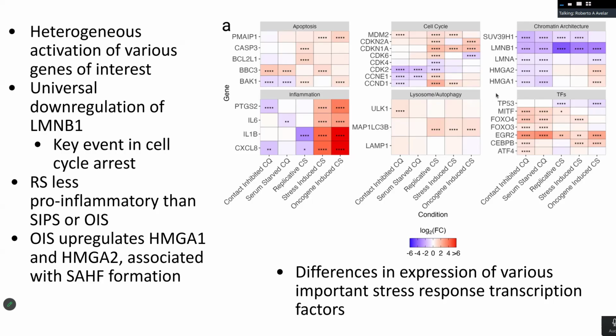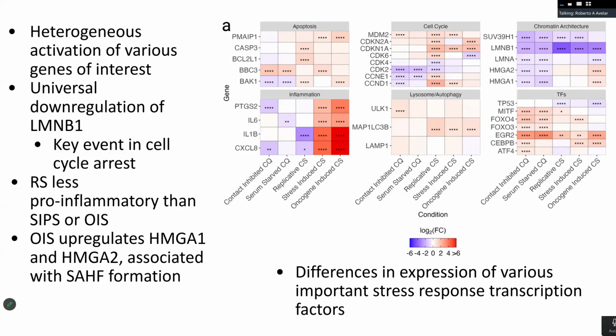And a lot of this seems to be at the epigenetic level. These are chromatin architecture genes. So as I mentioned, in oncogene-induced senescence, there's this chromatin rewiring, which involves HMGA1. And so we see that this is overexpressed specifically in oncogene-induced senescence. So it's kind of nice that we can see this from the transcriptome, actually.